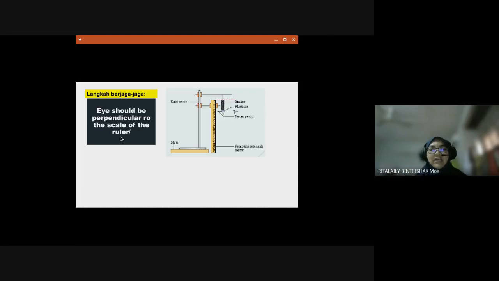Ensure the extension of spring does not exceed half of the original length, so the spring is not overstretched. So this one is also a precaution step for experiment for spring.